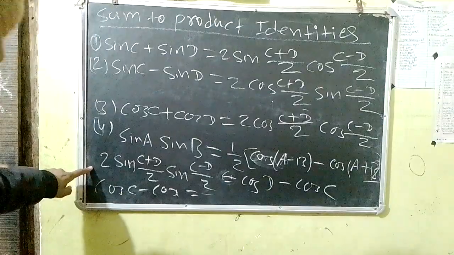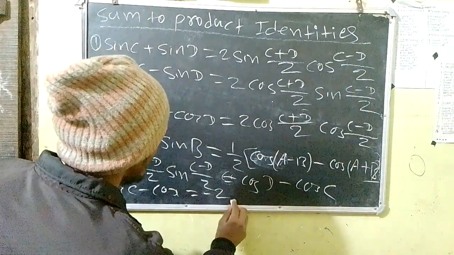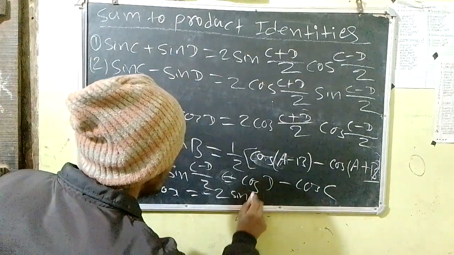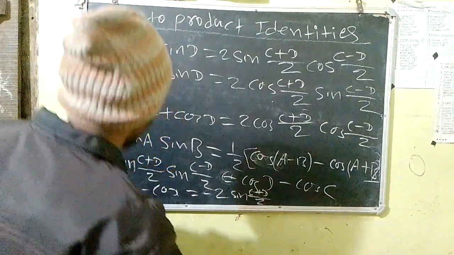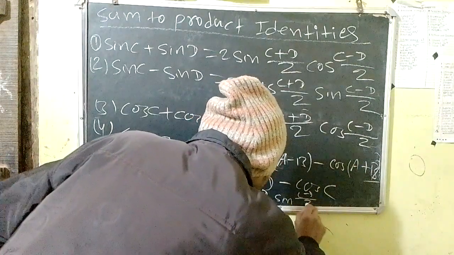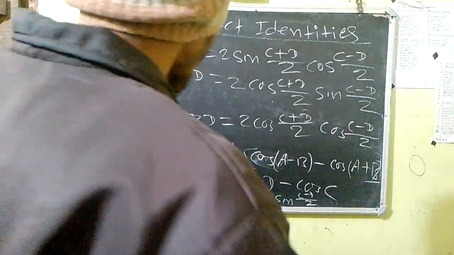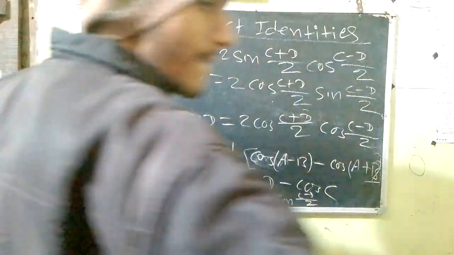So it will be minus 2 sine C plus D over 2 times sine C minus D over 2. This is cosine C minus cosine D. Okay, so I've written the correct identity.